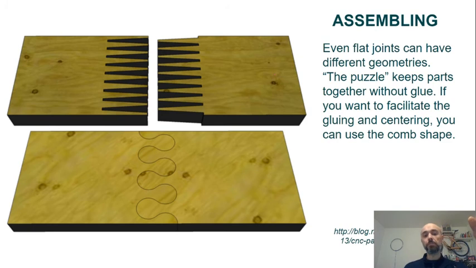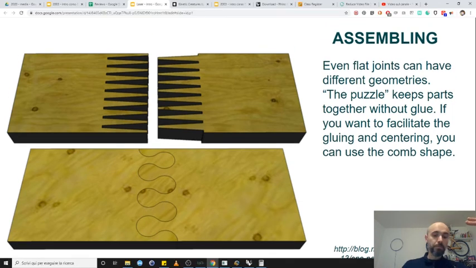Sometimes you have to assemble pieces not perpendicular to each other, but just flat. So this is common when you need to glue together parts that are bigger than your laser cut area, but sometimes it's also a matter of optimizing the pieces.